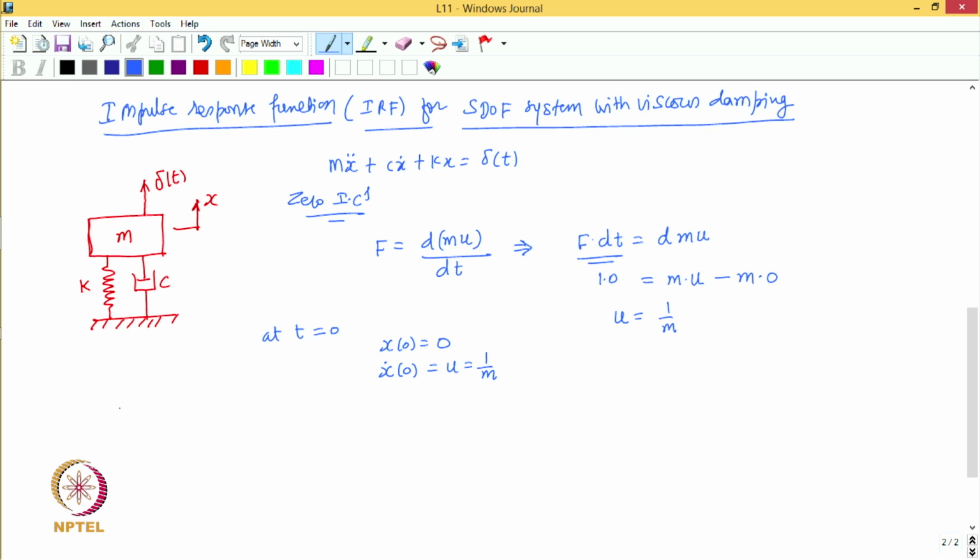Let us write down the response of the system: x of t is equal to e to the power minus zeta omega n t into a cos omega n under root of 1 minus zeta square t plus b sine omega n under root of 1 minus zeta square t.